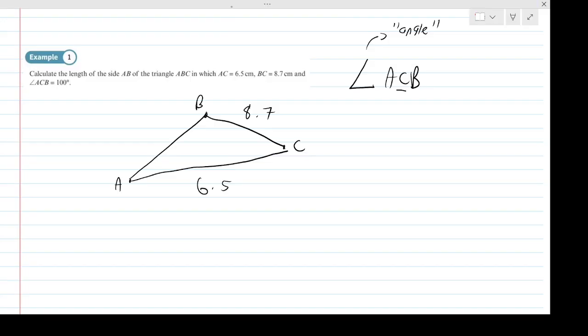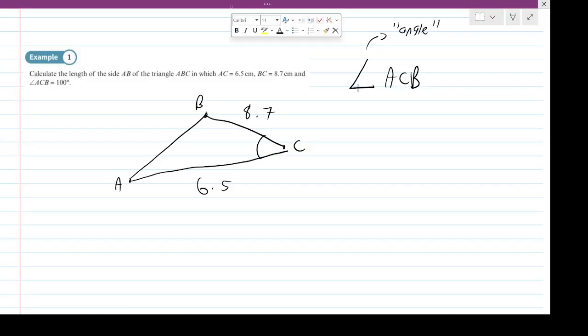So it goes from A to C to B, and the angle is there at C. So that's how we express angles. This pointy nose shape means angle, and we label the three points in alphabetical order, but the point in the middle must always be where the angle's at. Anyway, at C we're told the angle's 100 degrees.